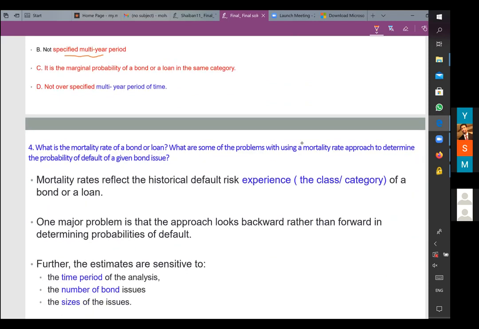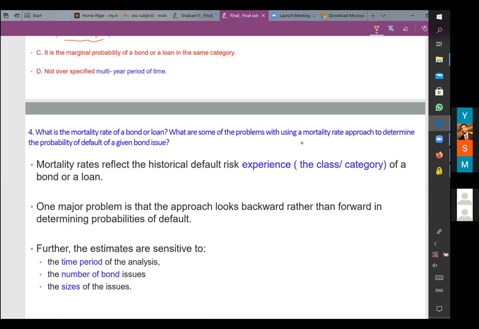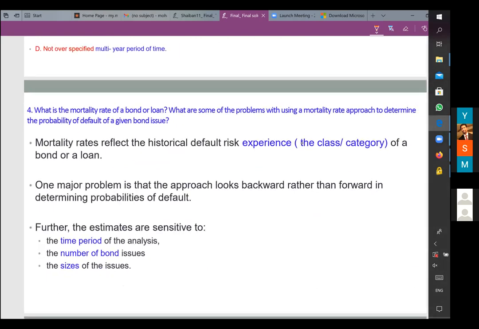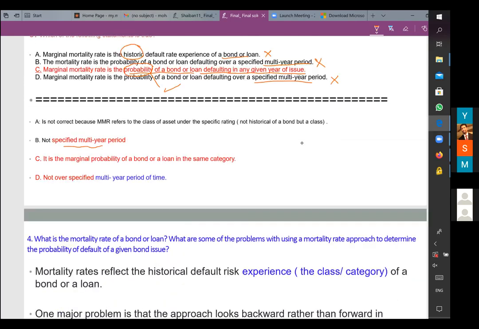Okay. Number 2, what is the mortality rate of a bond or a loan? What are some of the problems with using mortality? The problems are that we use a time period, the number of bonds, and the sizes.